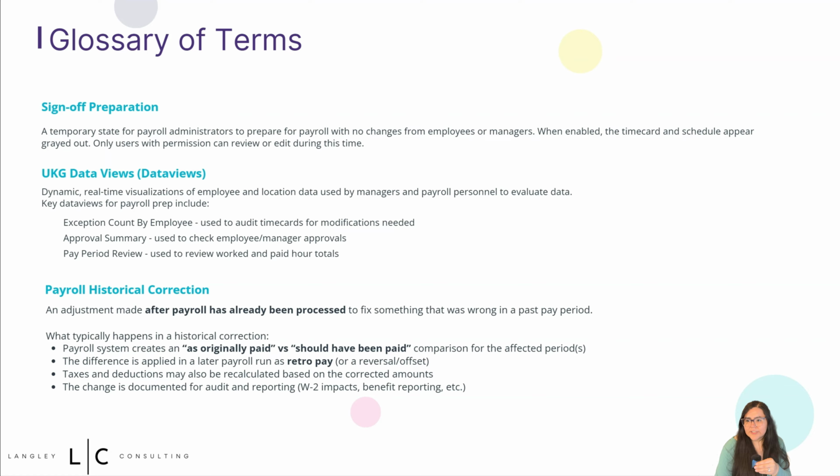And then the difference is applied in a later payroll run as retro pay or reversal offset. Taxes and deductions may also be recalculated based on corrected amounts. So the changes are documented for audit and reporting impacts, so anything to W-2 or benefit reportings, you should definitely be tracking that and auditing that.